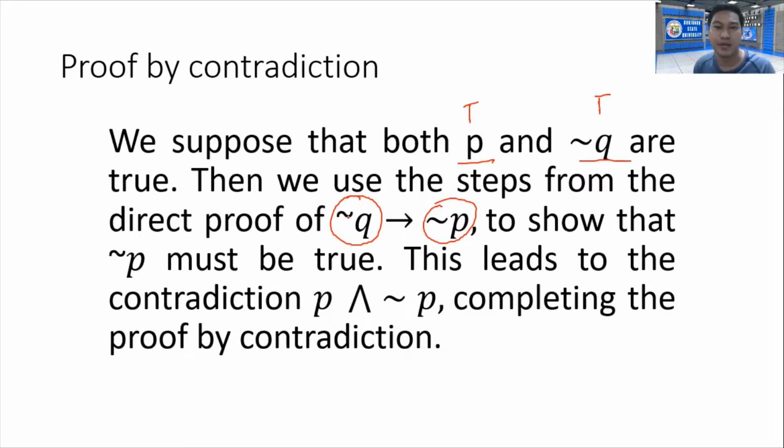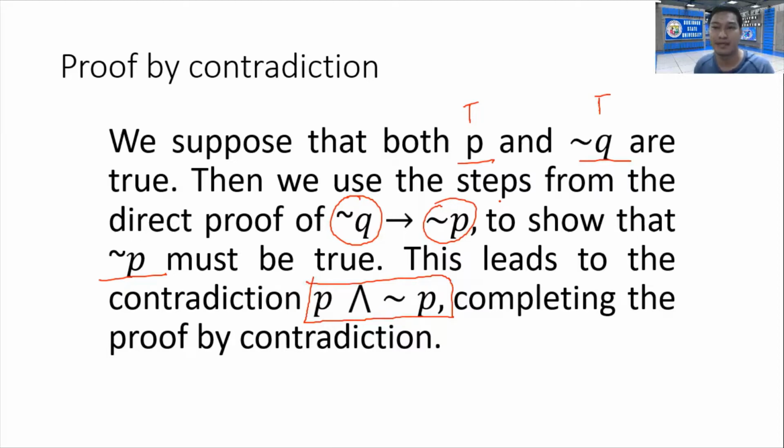Later in the process, we can get the negation of P as a result. So we must prove that the negation of P is true. And then we can come up with a contradiction between the given P and the negated P.